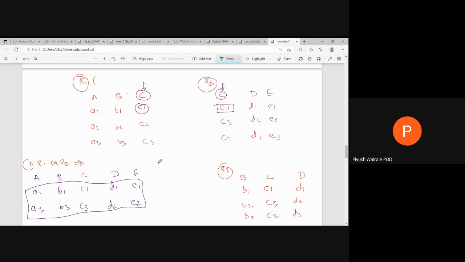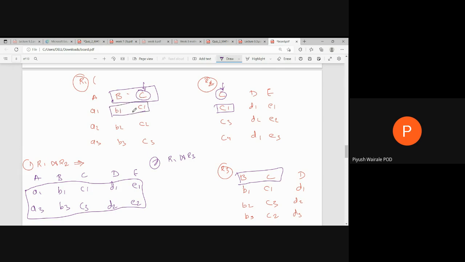Now the second case is R1 natural join R3. Here B and C are the common attributes. Based on the common values, it will match the particular tuple. So you have to check the combination of B and C, not individually.